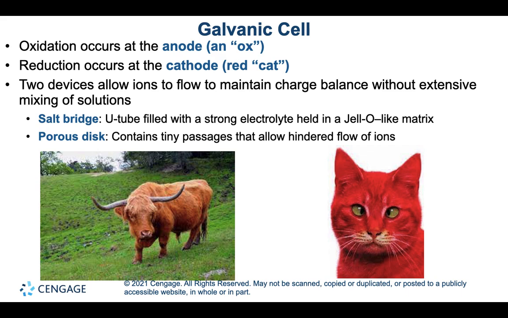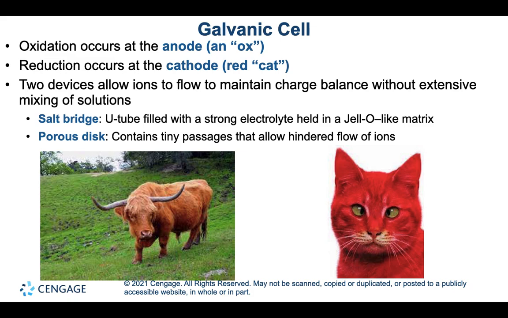So anode is one type of electrode, cathode is another type of electrode. Now these prefixes have been used before in chemistry here. We've called negative ions anions, and we've called positive ions cations.